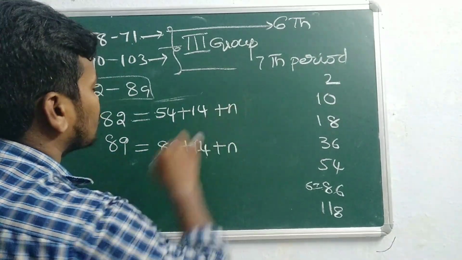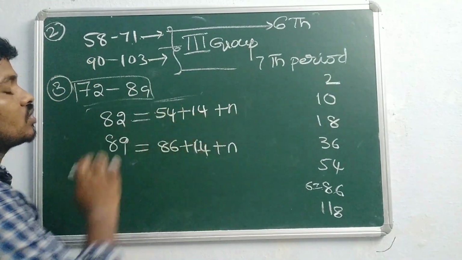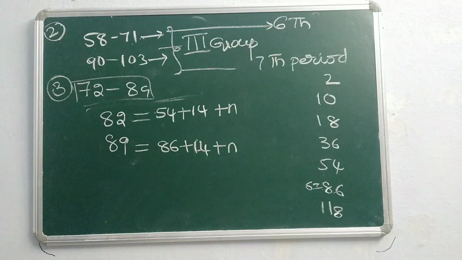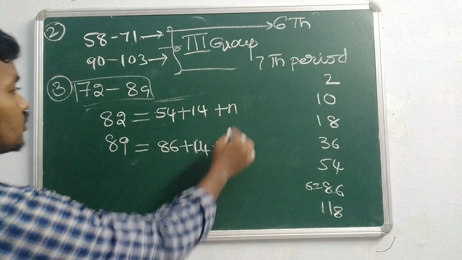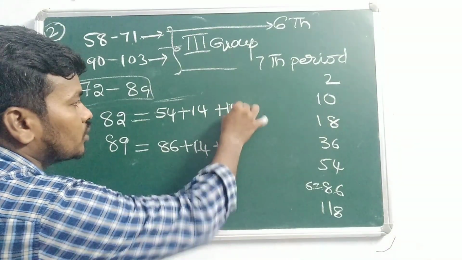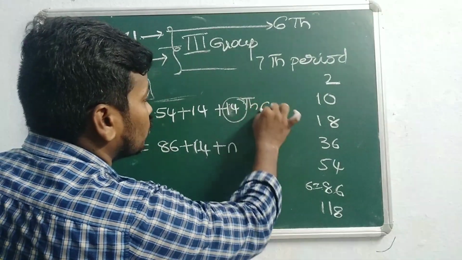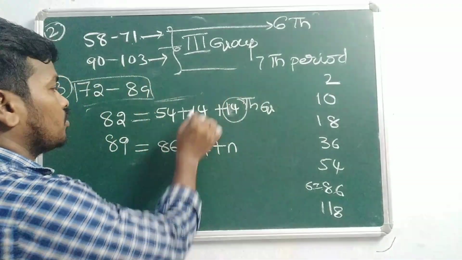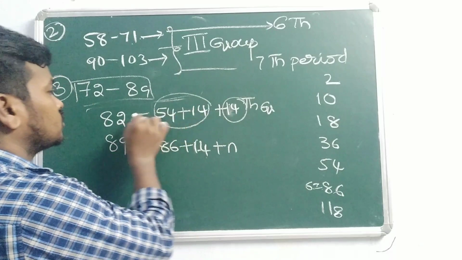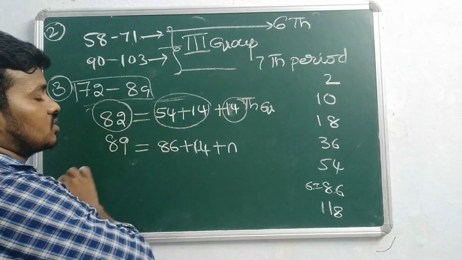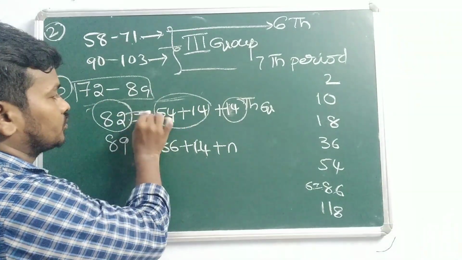So 54 plus 14 is equal to 68, and you will get 14 here also. So it belongs to the 14th group, because just add these two and subtract, you will get the one number.